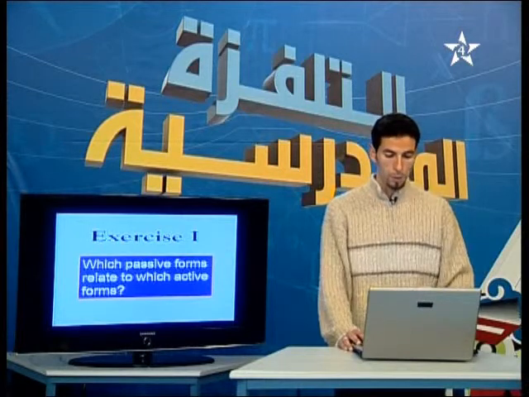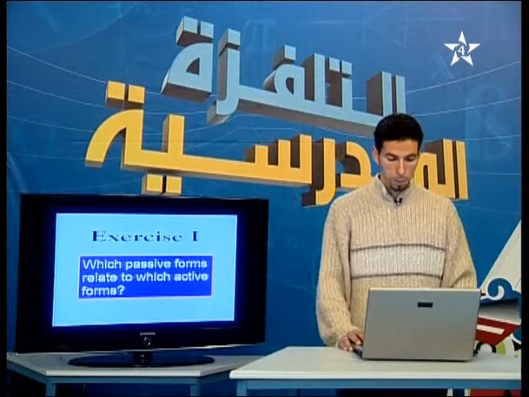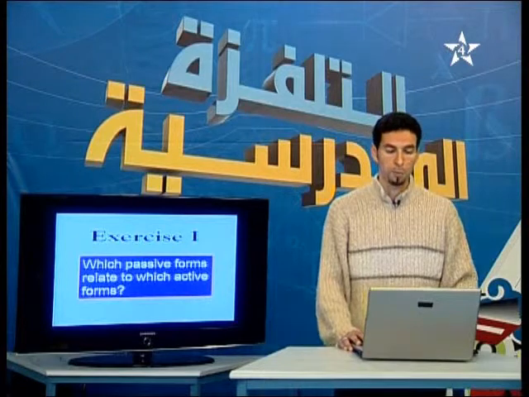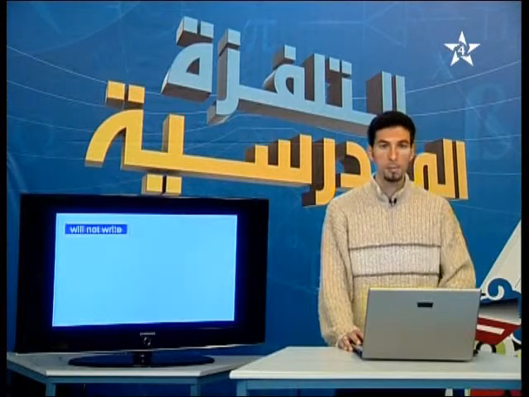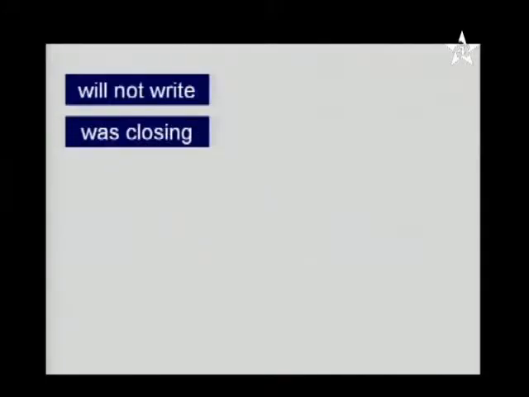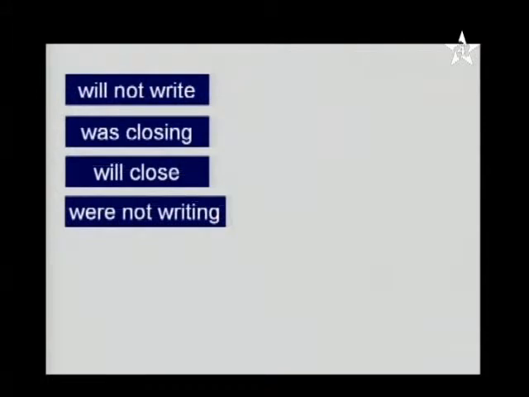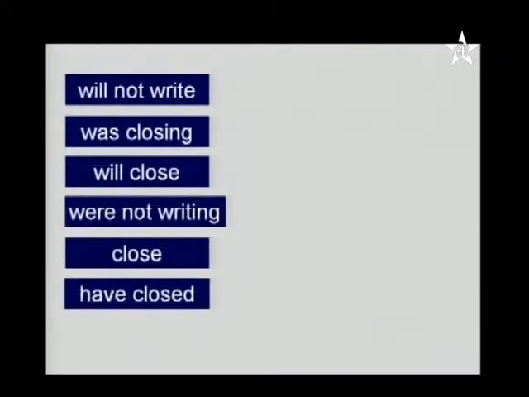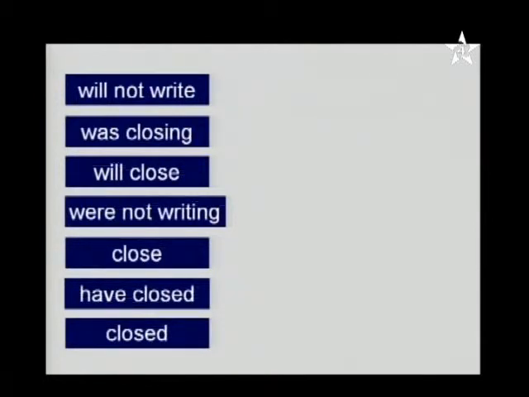Now let's see exercise 1. Which passive forms relate to which active forms? I'll give you a set of active forms: will not write, was closing, will close, were not writing, close, have closed, and closed.